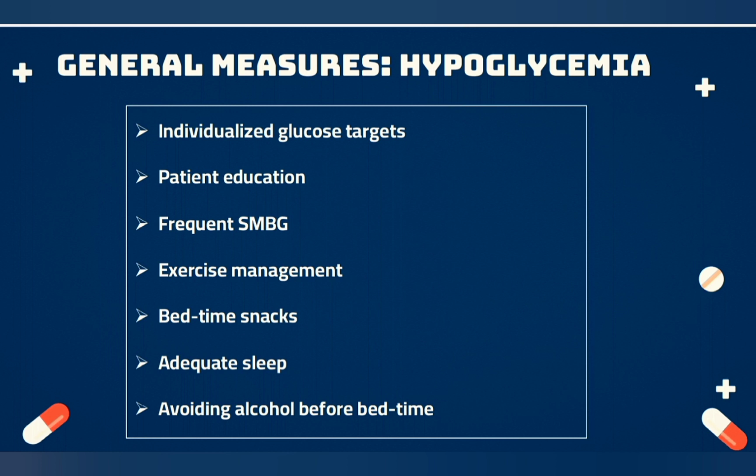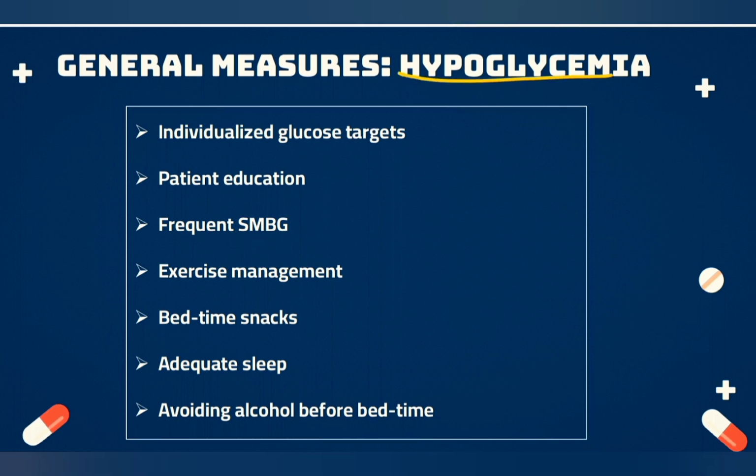The glycemic target must be individualized. The level of glucose should be set for each and every individual. The patient must be educated about his condition. Frequent self-monitoring of blood glucose must be practiced.